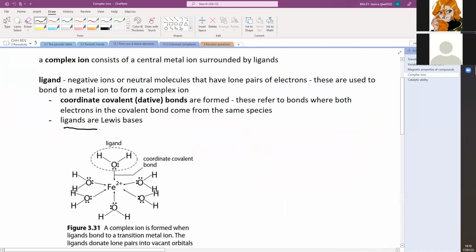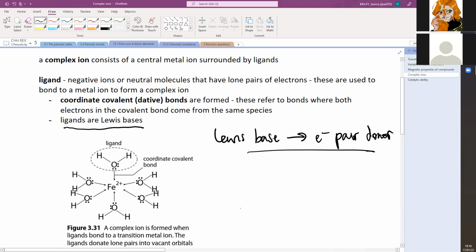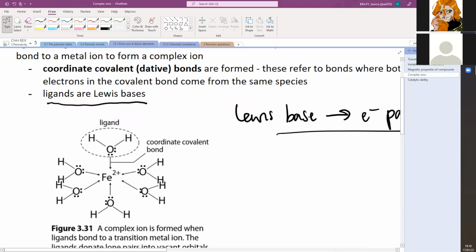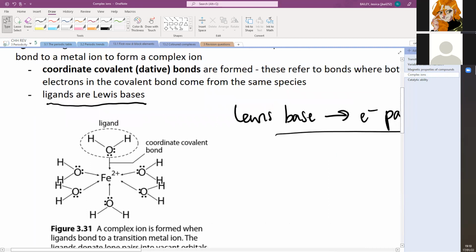ligands are Lewis bases. Because remember what a Lewis base is. A Lewis base is an electron pair donor, right? This is a topic 8 link. We'll probably see it again once we get to topic 8. So since Lewis bases are electron pair donors, that makes ligands Lewis bases. Because see in this example here, the oxygen is donating this electron pair to iron.